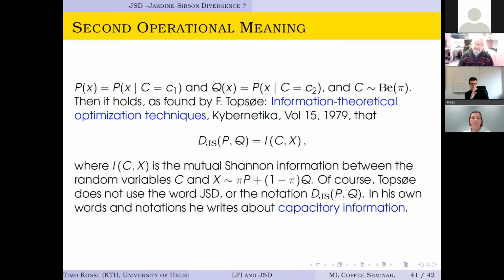Now his interest was in information theory, whereas Jardine and Simpson were doing mathematical taxonomy. And I hate to say it, but some 20 years ago, I read both Topsøe and this Jardine and Simpson book, and didn't understand anything about it or what it was good for. I'm deeply embarrassed even today.